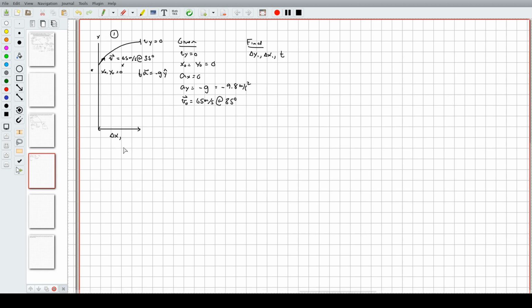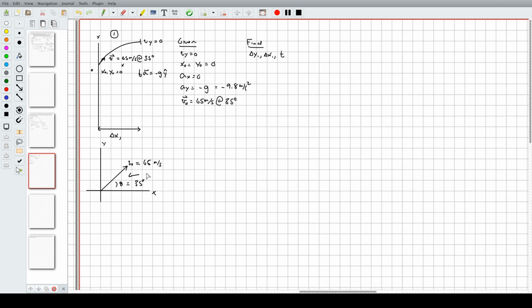So that said, let's go ahead and break our vector up into components here. So there's y, there's x. This is our velocity vector, something like that. It has a magnitude of 65 meters per second, makes an angle theta of 35 degrees above the x-axis.